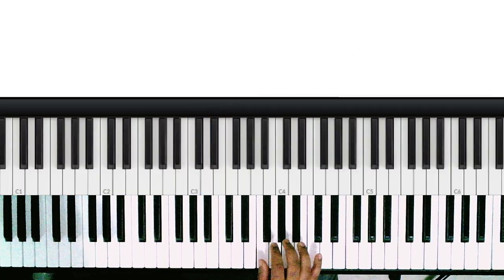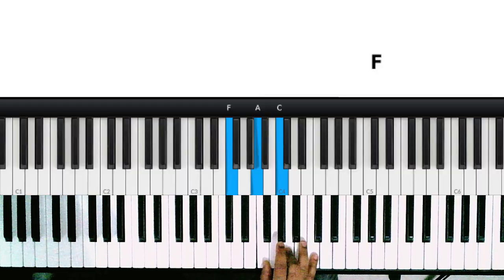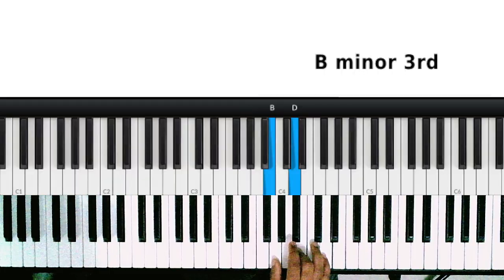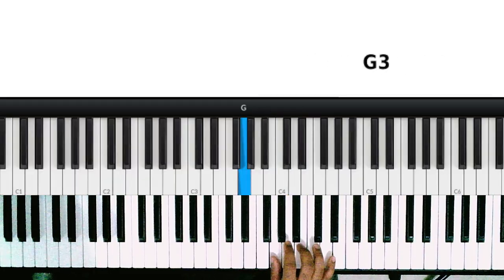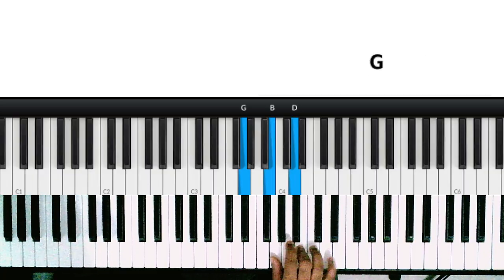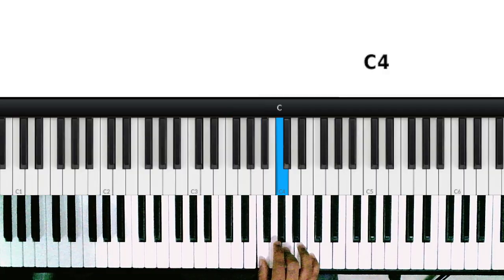You play, don't forget the same pattern. You play 1, you skip 2, you skip this one. This is our 4. On G, the same pattern. You play your root, you skip, you play the next one, you skip, you play the next one. So these are 1, 4, 5.